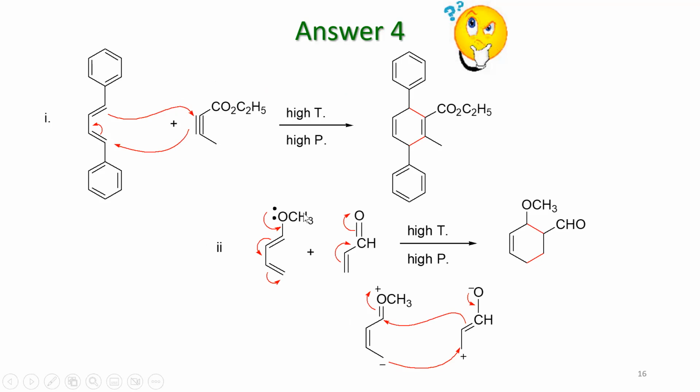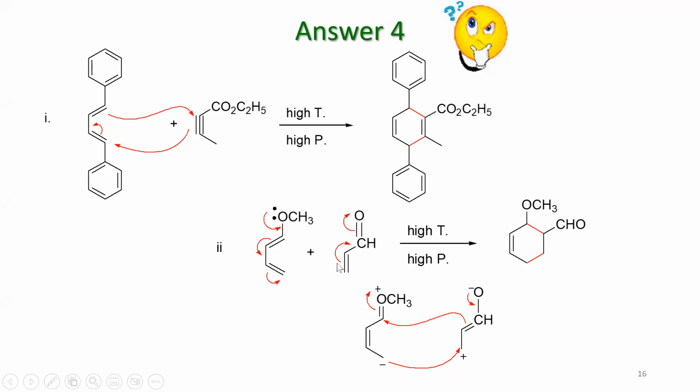And if you have two systems like this, where the dienophile and the diene are substituted, that means due to the substituents, this is the dienophile, and the diene can acquire resonance stabilization. So you have to consider the resonance structures of the diene as well as the dienophile when writing the product.